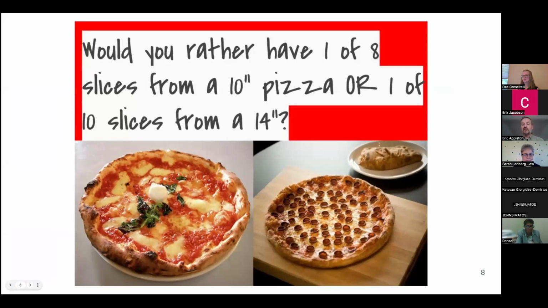Maybe we can have a couple answers in the chat before you've had a chance to really think about it too carefully. What's your gut response? Would you rather have one of 8 slices from a 10-inch pizza or one of 10 slices from a 14-inch pizza? I'm going to wait a moment to see a couple of the responses.